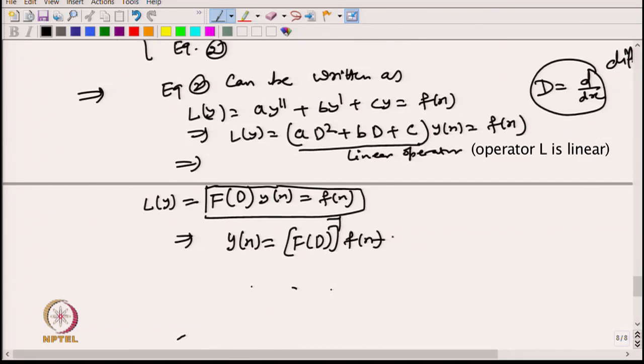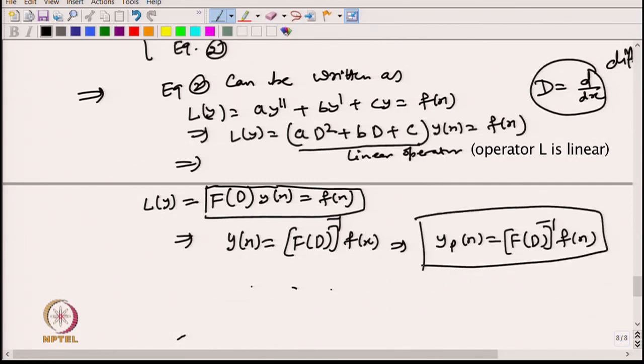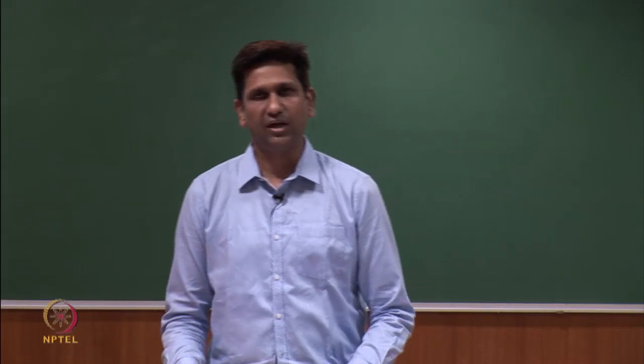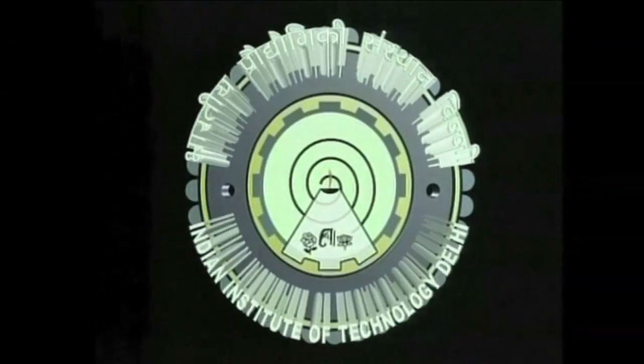So my yp(x) will be F(D) inverse f(x), and this is my particular solution. Now the problem is how to find this inverse of F(D). This we will discuss in the next lecture. Thank you very much.